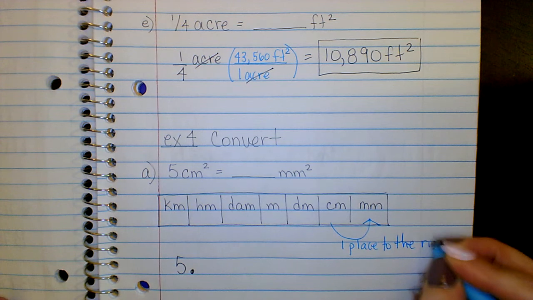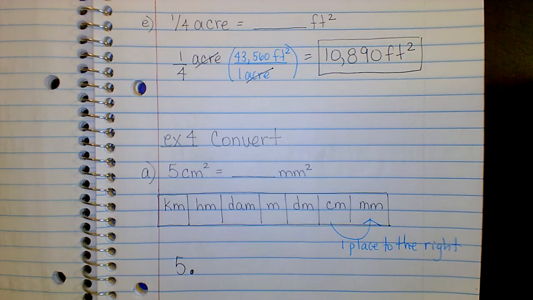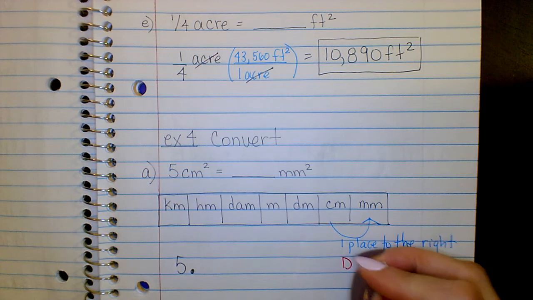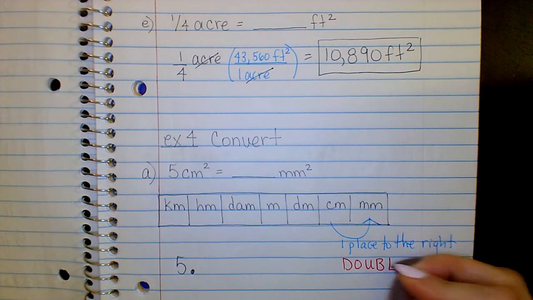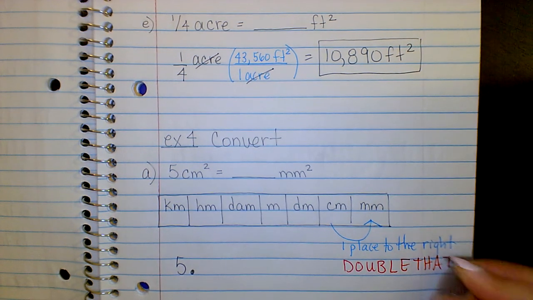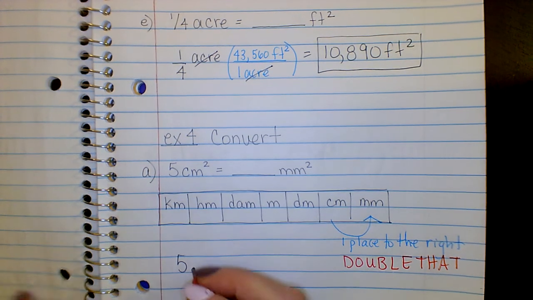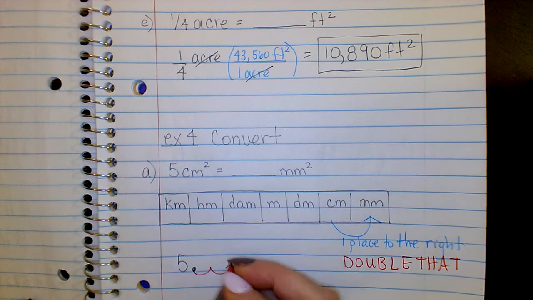That's for linear measure. This is area. So now I'm just screaming at you. So we're going to double that. So that 1 doubles to 2. So 1, 2.